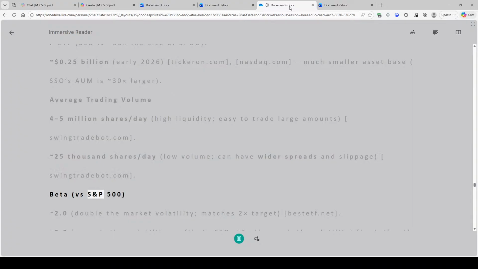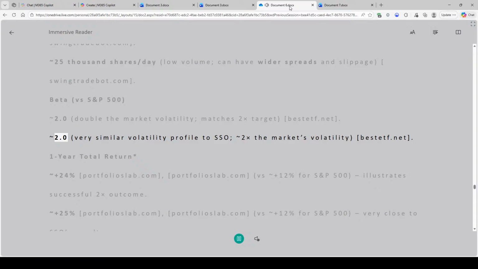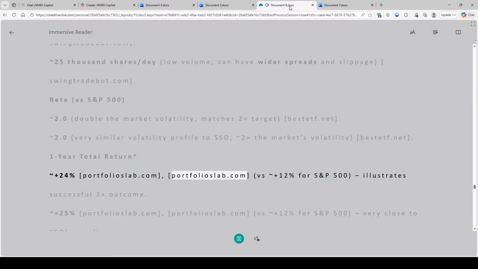Beta versus S&P 500: 2.0, double the market volatility, matches 2 times target. 2.0, very similar volatility profile to SSO, 2 times the market's volatility. 1-year total return: plus 24%, versus plus 12% for S&P 500, illustrates successful 2 times outcome.